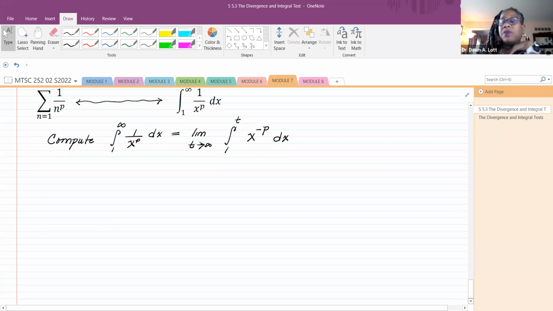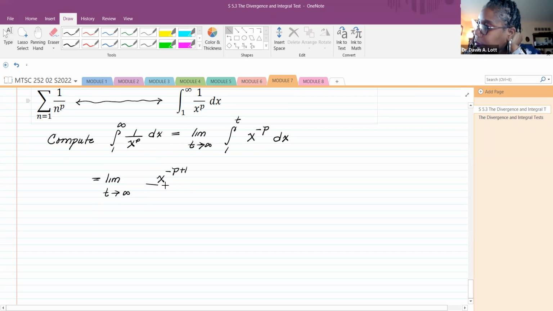And so now that I have done that, this is the limit as t approaches infinity. Okay, so now when I integrate that, I'm going to add 1 to it and then divide by it.